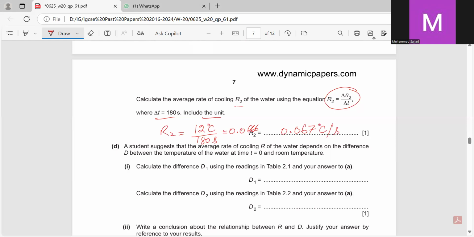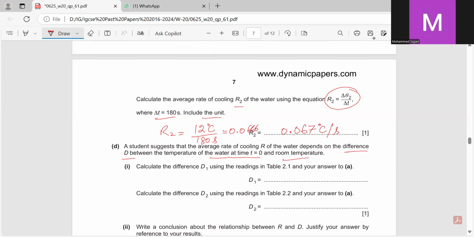Then, my dear friends, now he is saying a student suggests that the average rate of cooling R of water depends on the temperature difference D between the temperature of the water at t equal to 0, meaning the initial temperature, and the room temperature.